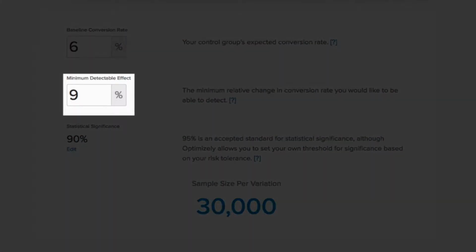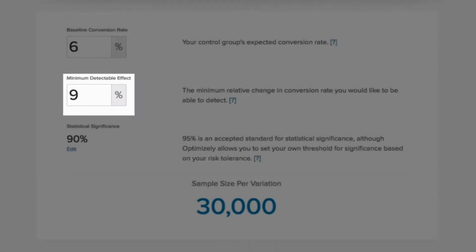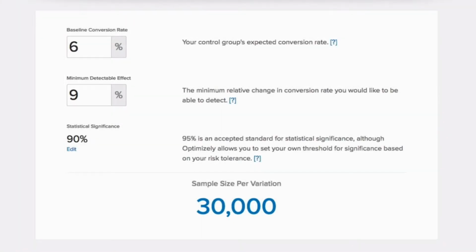Then, we have the minimum detectable effect. Traditionally, you would be asked to guesstimate what kind of effect you should expect to be able to measure. That means that if we expect our experiment to drive no less than 5% improvement or drop, then we would plug the numbers in and get an answer for how many visitors per variation we need to test in order to be able to detect in a statistically significant way an effect of 5% or more over our baseline.